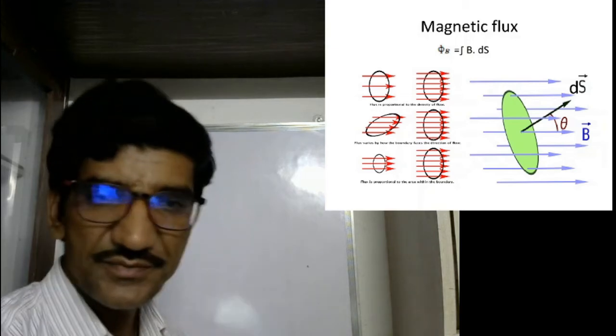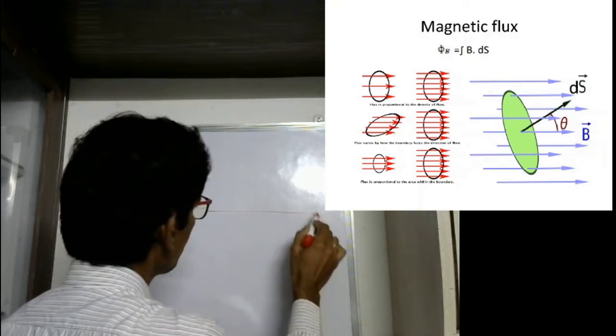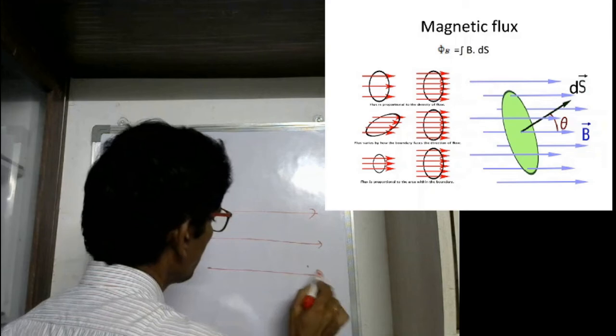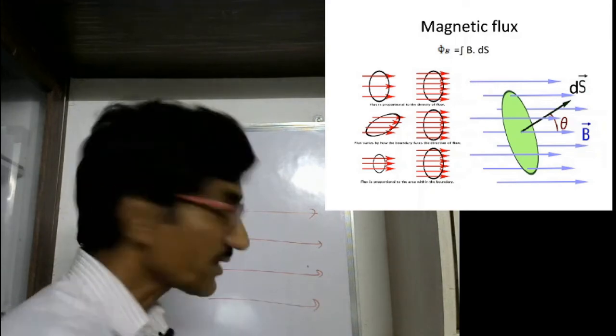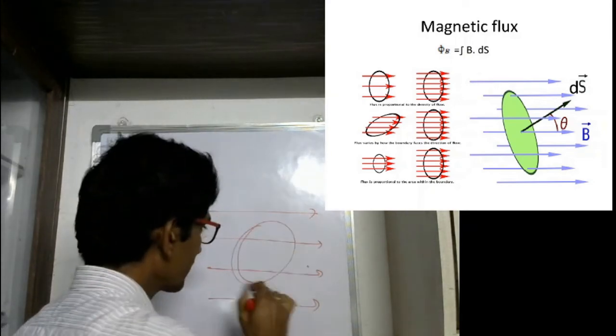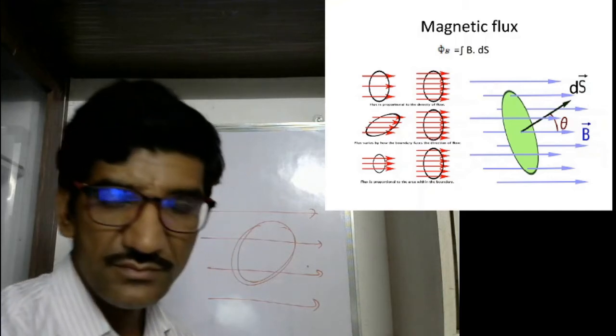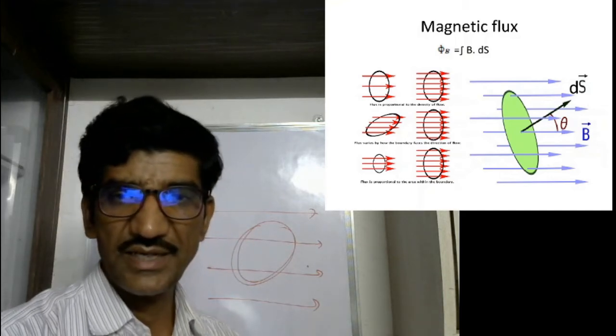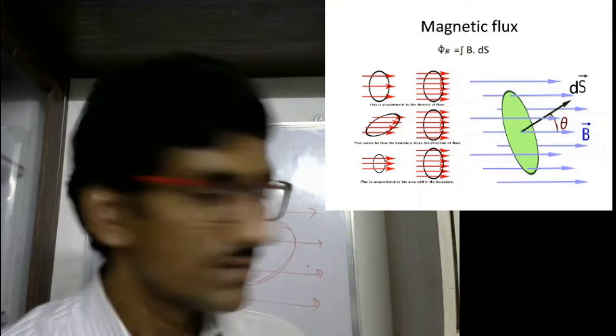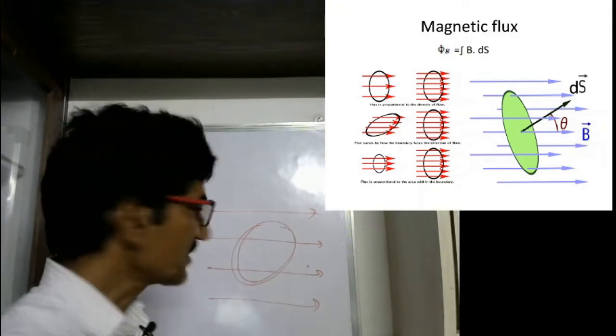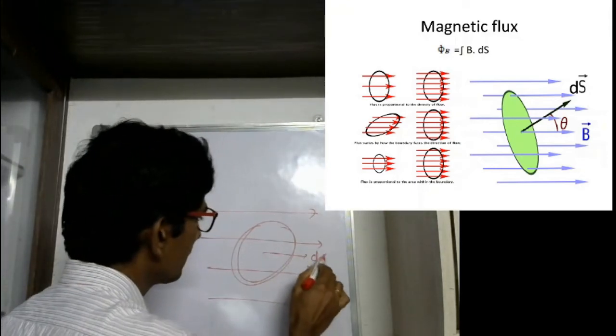Suppose this is the magnetic field. You are taking some area ds.